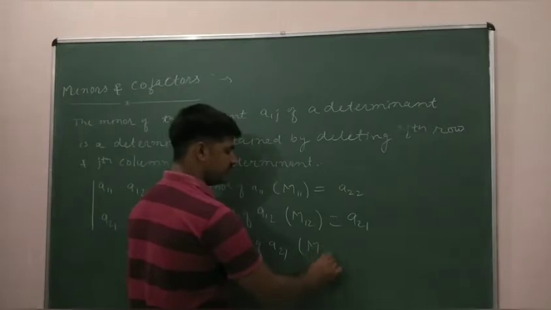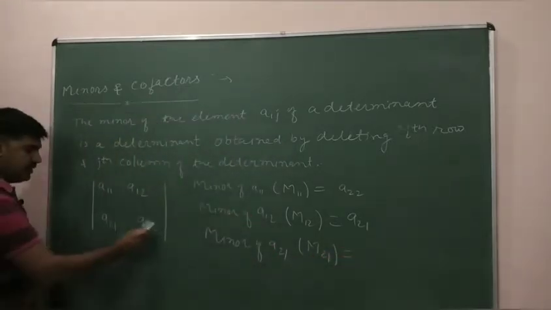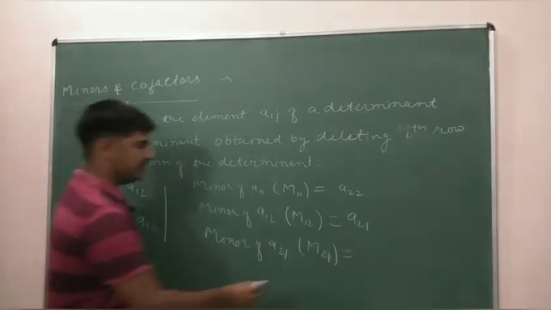M21 is equal to, leave the second row and the first column, then this element is obtained.